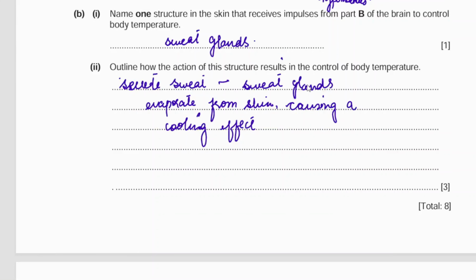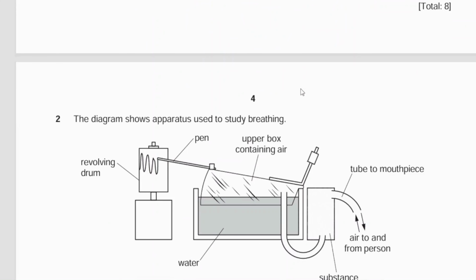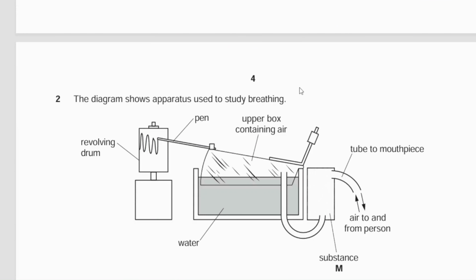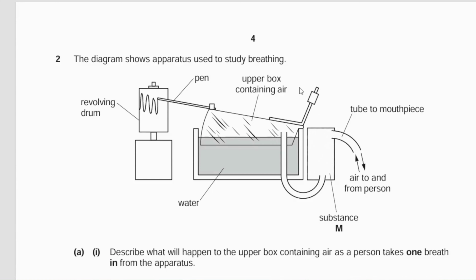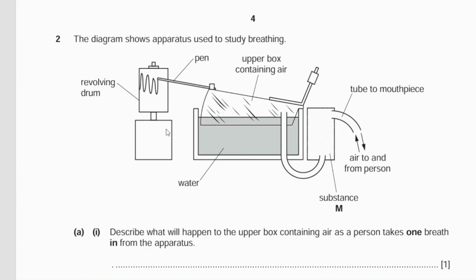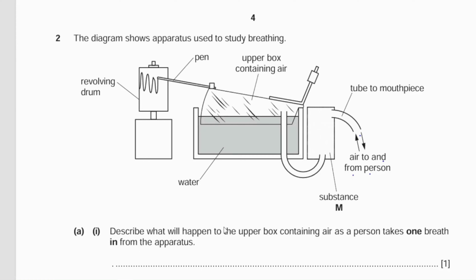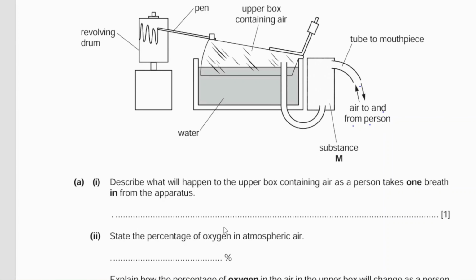The next question is about an apparatus that is used to study the breathing process, air to and from a person, and the percentage is definitely going to be involved. Describe what will happen to the upper box containing air as the person takes one breath in from the apparatus. What do you think?